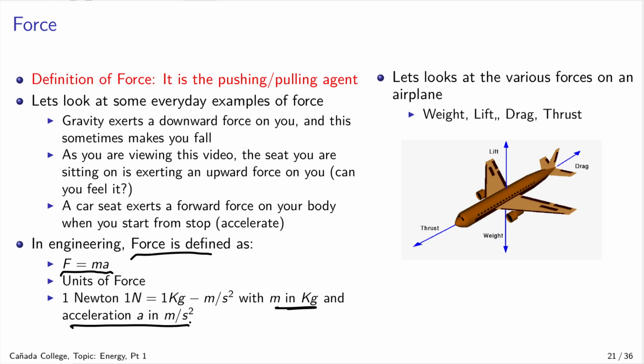The common unit of force is called 1 Newton. So 1 Newton is 1 kg multiplied by meter per second squared, so it's kg meter per second squared. That's the SI unit for force, and in common notation it's known as 1 Newton.